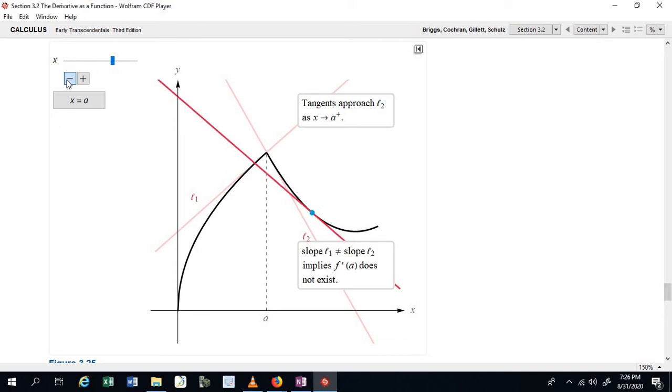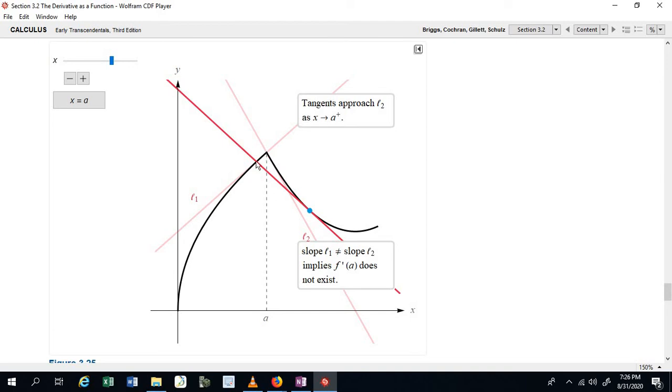Right, you can see that. So as you approach this point from the left side, you're approaching this tangent line, L1. As you approach this point from the right-hand side, you're approaching this other tangent line, L2, and you're not approaching the same tangent line. So the slopes of these two tangent lines are different, and if you remember, f prime evaluated at A is equal to the slope of the tangent line at A. But you've got two different tangent lines here with two different slopes.